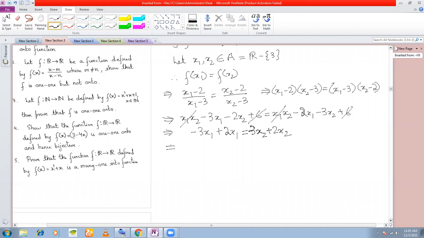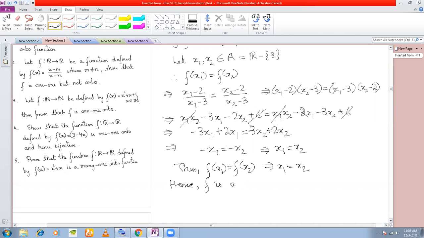So this becomes minus x1 is equal to minus x2. This becomes x1 is equal to x2. So what you see here is that f(x1) is equal to f(x2) implies x1 is equal to x2. Hence, f is a one-to-one function, right? Or injective function.